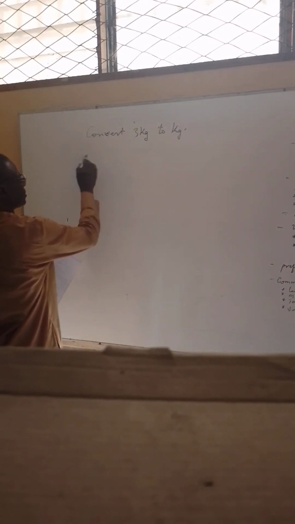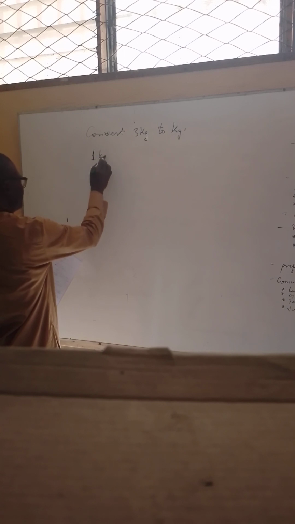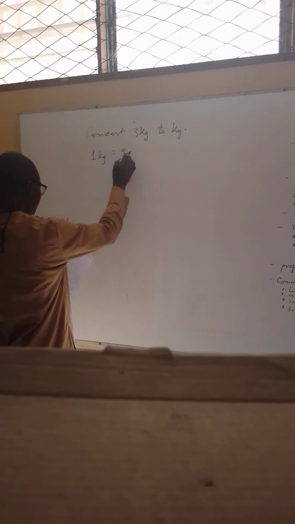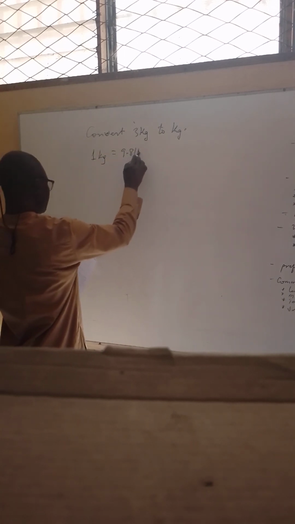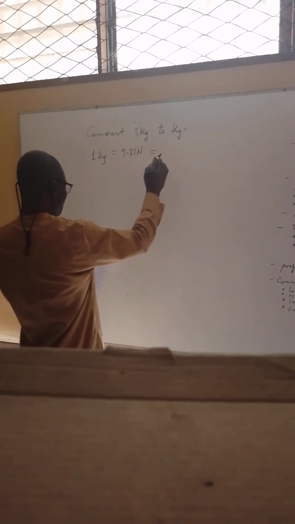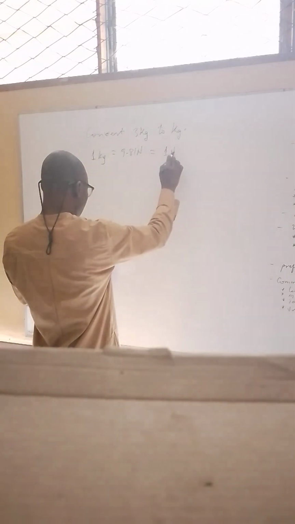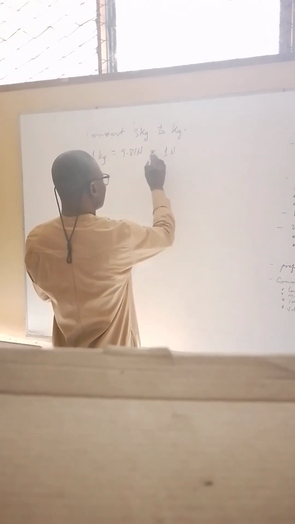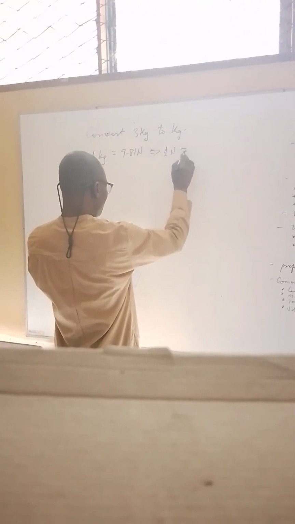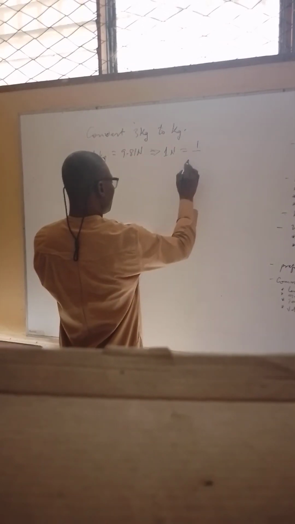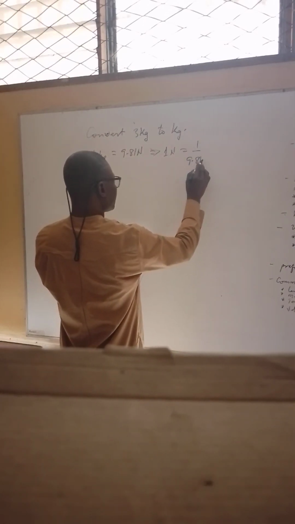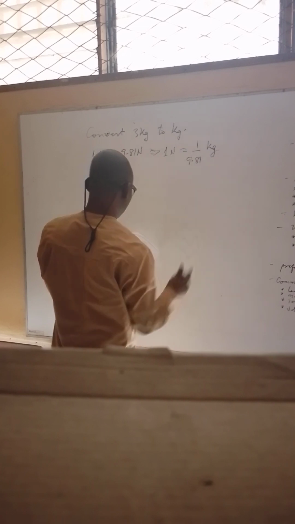We know that the solution is 1 kilogram is equal to 9.81 Newton, which implies 1 Newton equals 1 all over 9.81 kilograms.